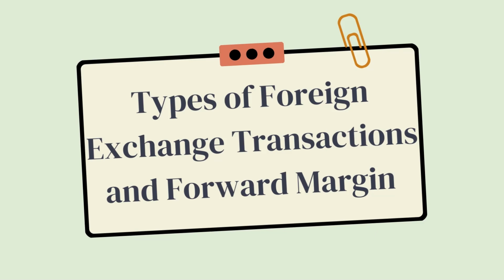Due to the existence or change in these factors, there is a possibility that the foreign exchange rate may vary from time to time, and variation in the foreign exchange rate will bring difference in the spot rate and the forward rate, and that difference will be known as forward margin, and that margin can be at forward premium or at forward discount.